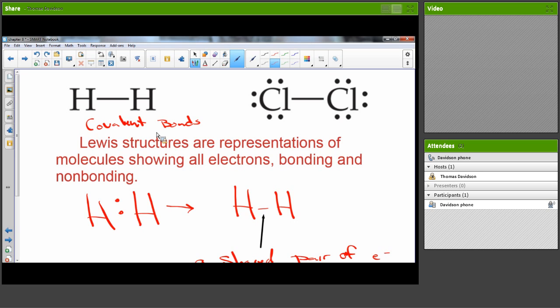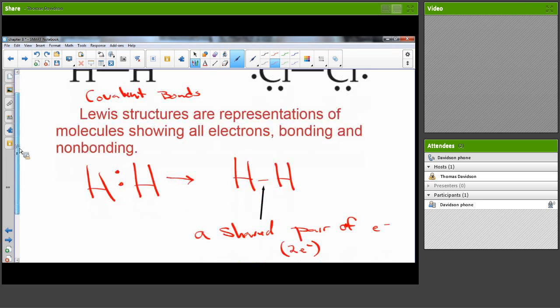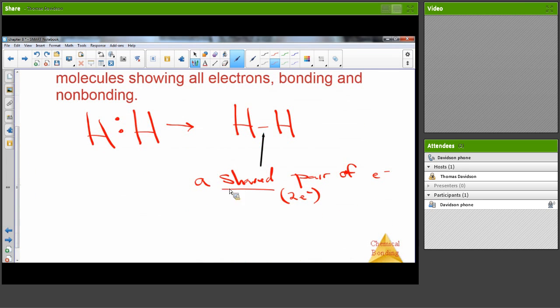Because the ionic one steals the electrons, so it's not shared. Good. Because this line represents a shared pair, but in ionic bonds, they're not sharing, they're taking. So you would have NaCl, and there'd just be 7 dots. Sorry, 8 dots now. You wouldn't put a line. You okay with that? Subtle difference, but important.